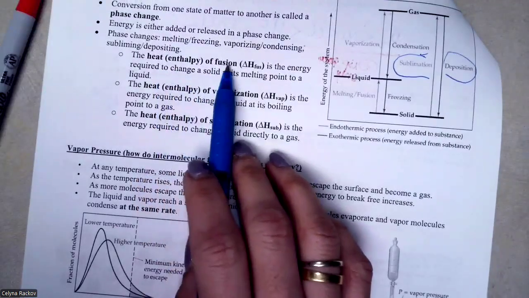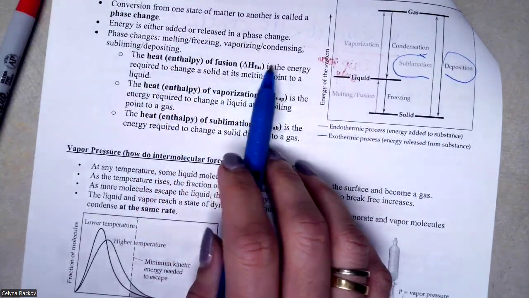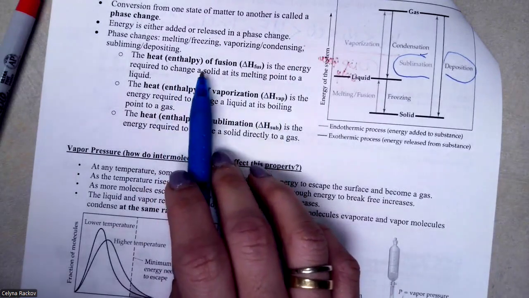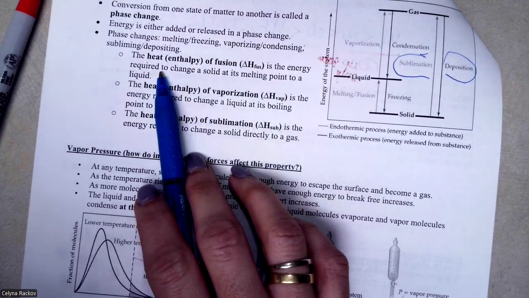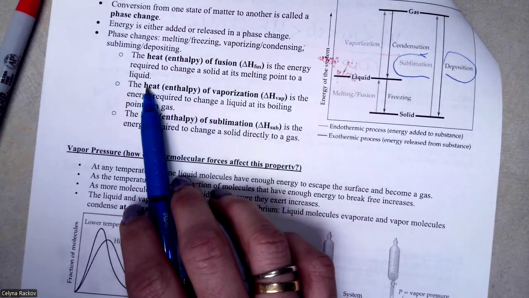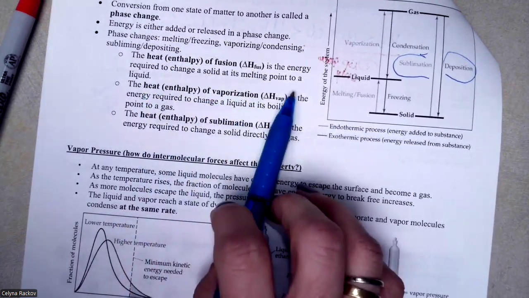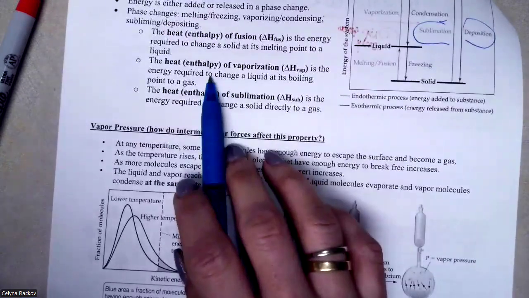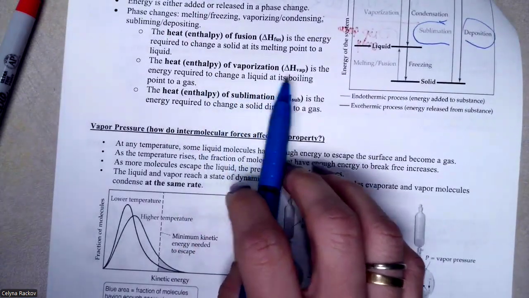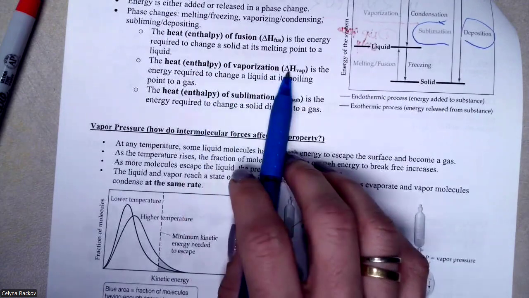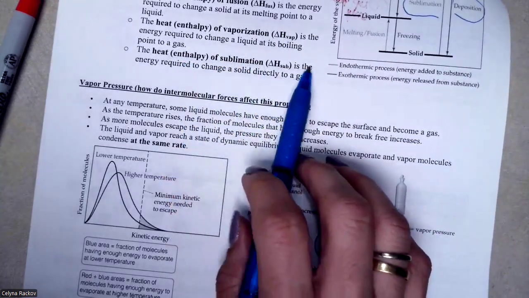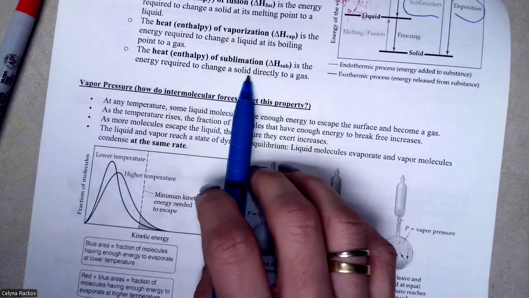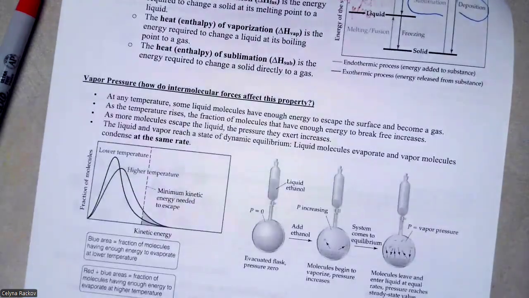The enthalpy of fusion is the energy required to change a solid at its melting point to a liquid. The heat of vaporization is the heat energy required to change a liquid at its boiling point to a gas. And the heat of sublimation is the energy required to change a solid directly to a gas.